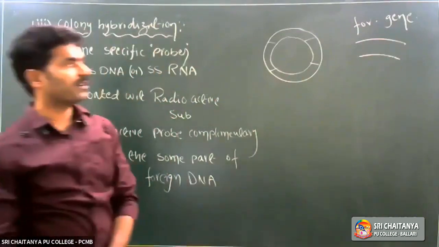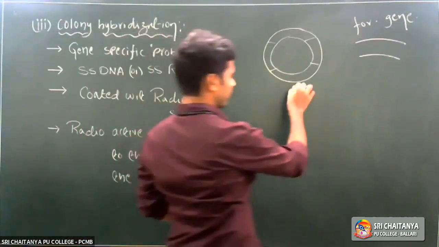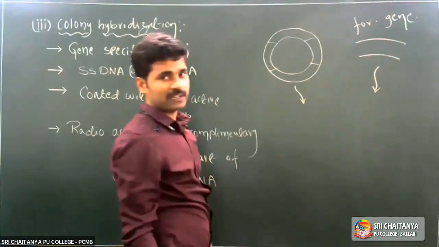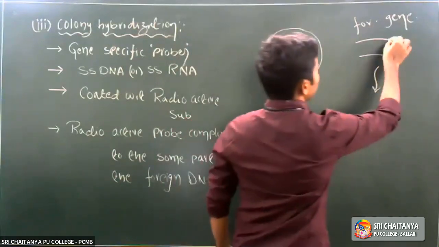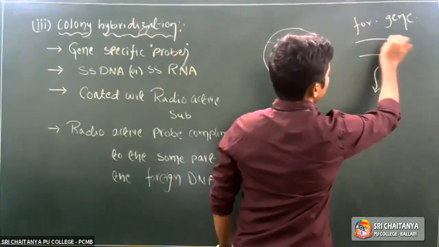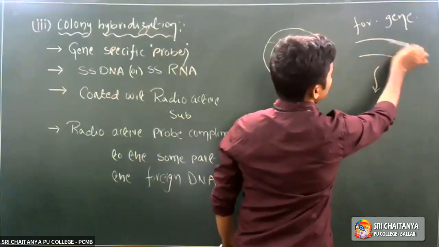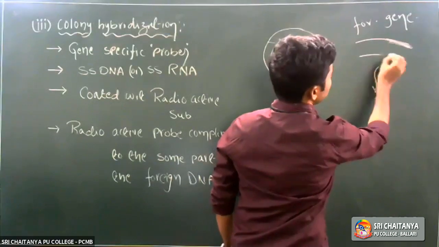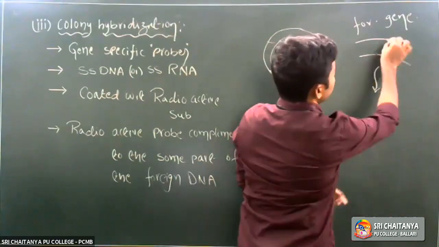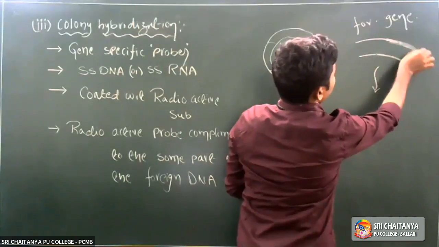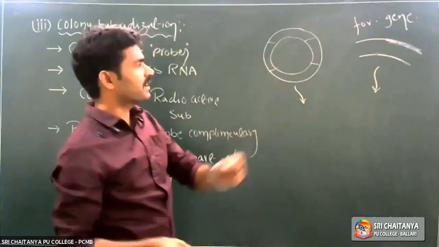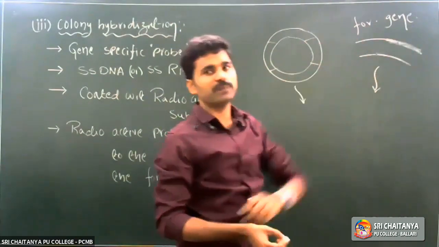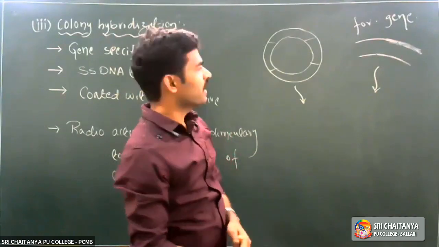We need to insert that foreign genetic material into the vector. Both are treated with the same restriction endonuclease enzyme. But before treating with restriction endonuclease, we tag a radioactive probe, only one strand, to the foreign genetic material, because it is complementary to either this side or this side of the original genetic material.